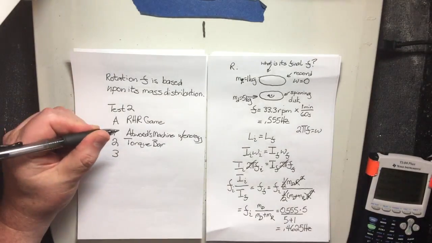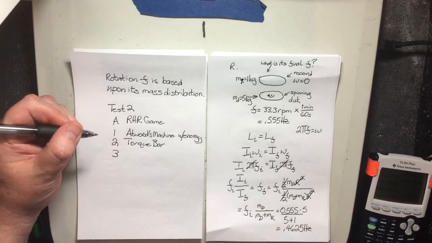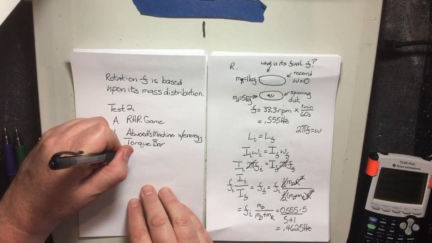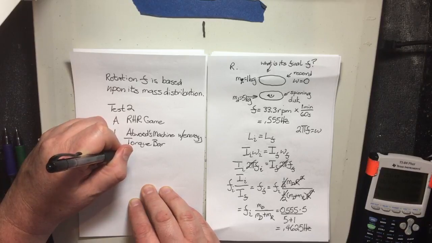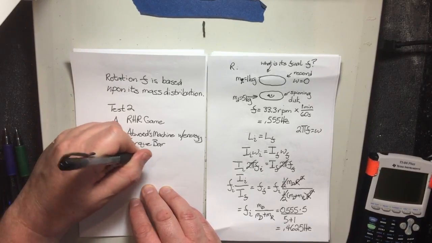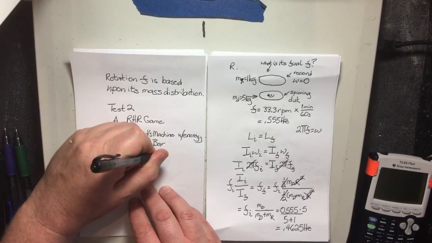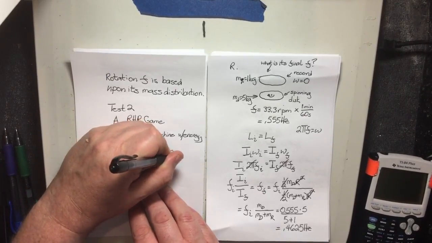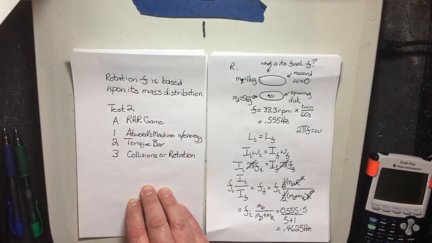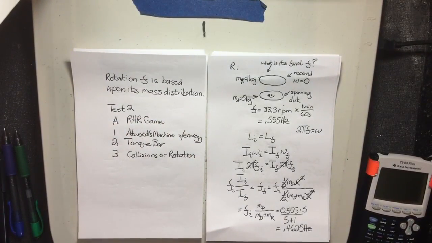And then there would be, I haven't figured out what, it tends to be a wild card. Collisions or rotation. I haven't figured out which.